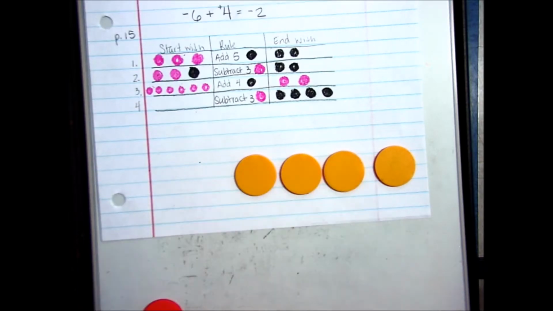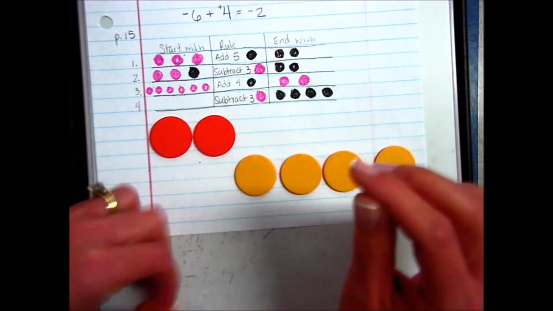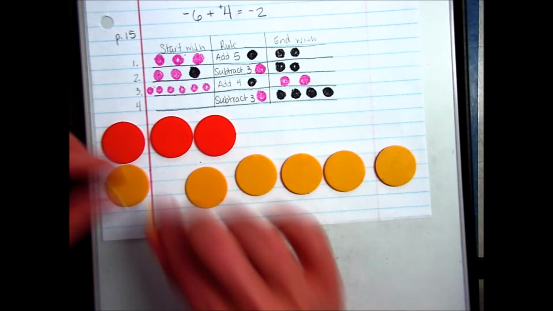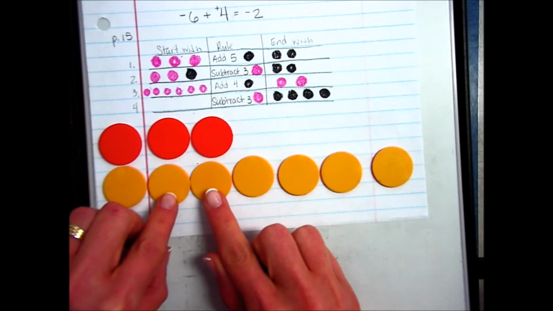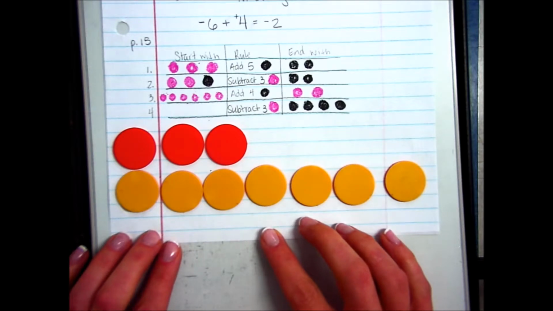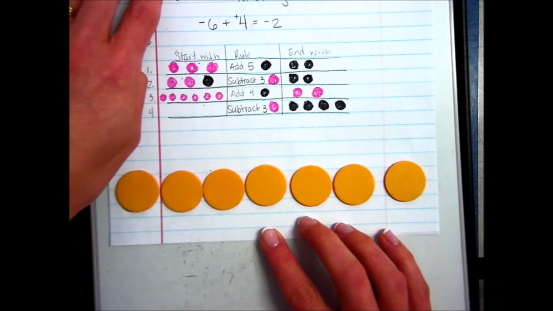And I'm going to end with that. Subtract 3 red. Hold on. You can add 3 reds and 3 blacks. So if I added 3 red and 3 blacks, well, but then if I subtract 3, look what I'm left with.